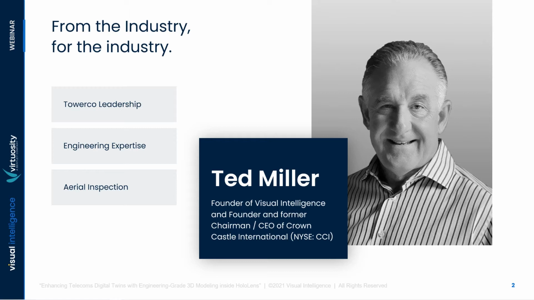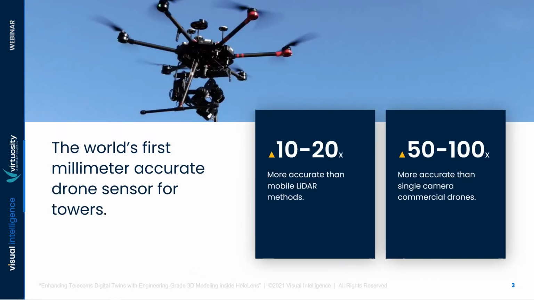Looking forward, our claim is the first millimeter-accurate drone sensor for tower captures. We know there are other companies out there that capture millimeter accuracy in other sectors and markets. We're not challenging that.